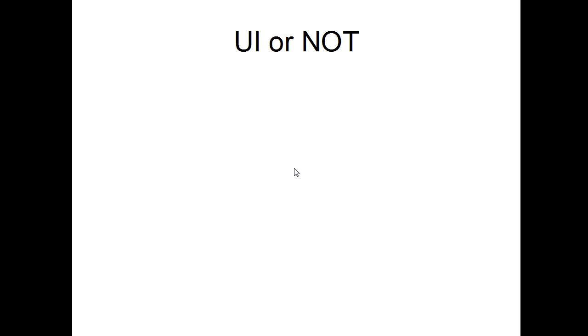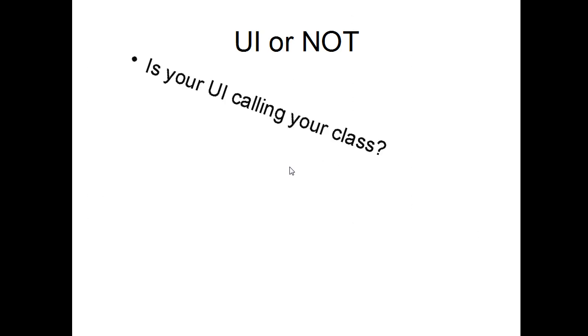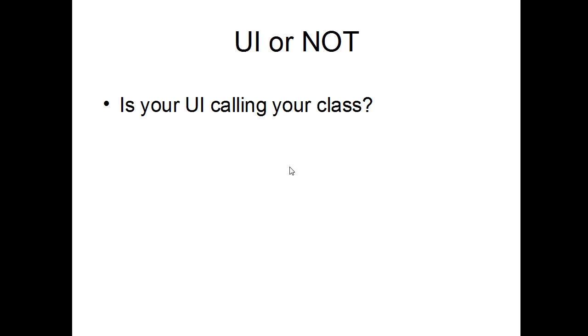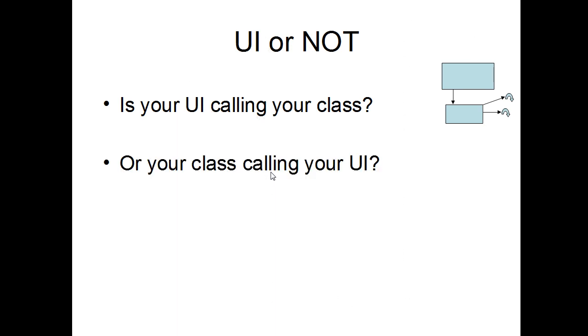And it's better to start thinking about it now. You have to decide at the beginning, is your UI calling your class? So inside your window you are calling element of your class, or is your class calling your UI?